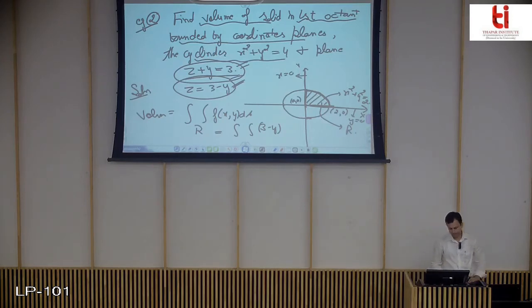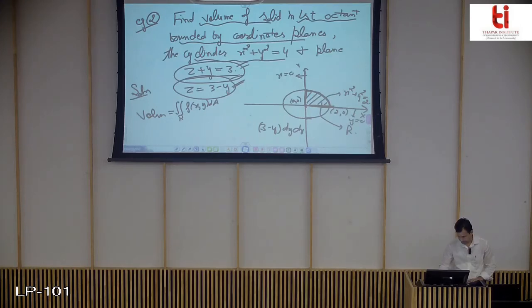So now in this case you can take either dy or dx. Let me write it here properly, so that I need not go to the other page. So this is y, x, and this is your 3 minus y.